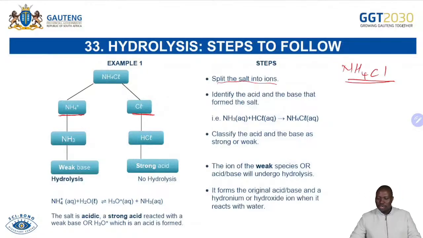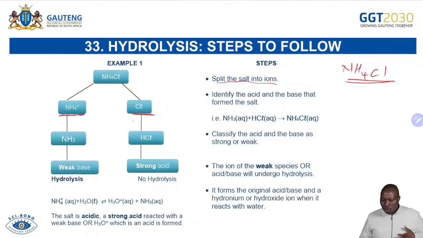After splitting the salt, we must know where these ions we have just split are coming from. It's very important because the behavior depends on where they come from. It's like when somebody is misbehaving, people say this child is behaving like this because of where he is coming from. So it's important to know where each ion is coming from so that we can understand its behavior.